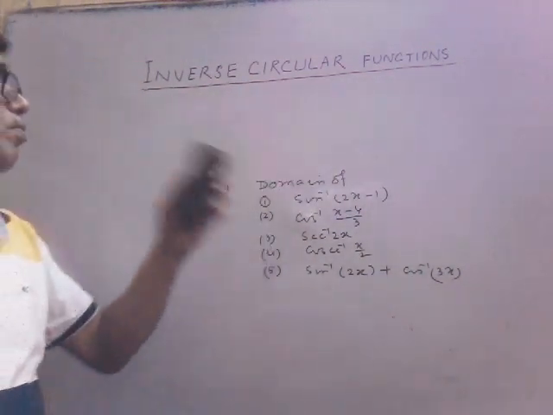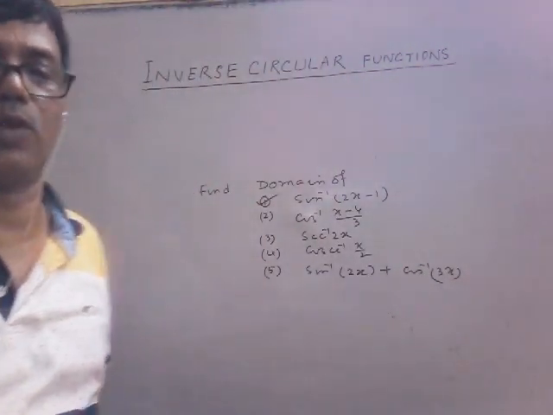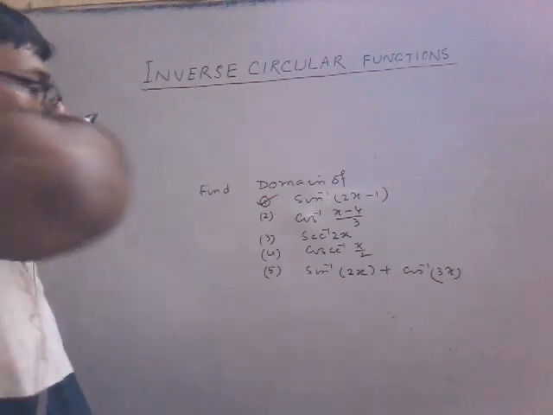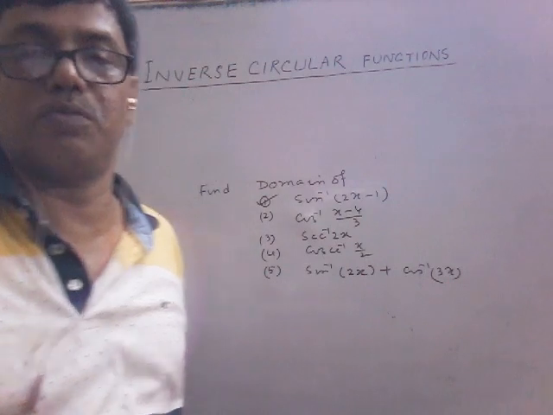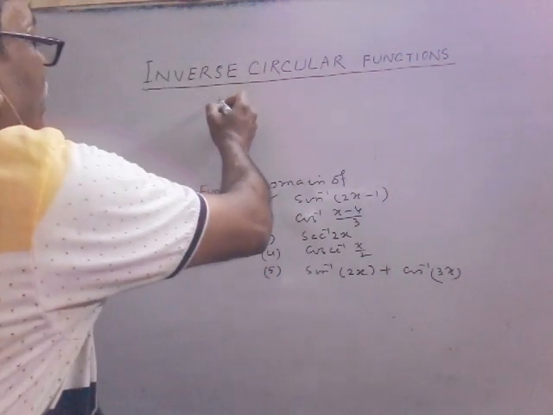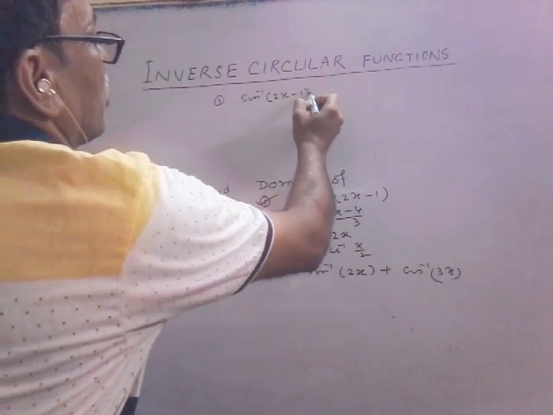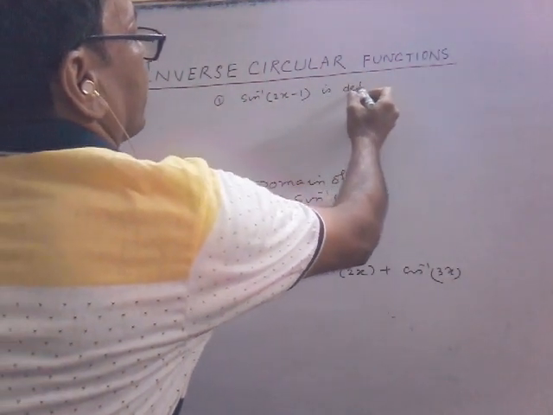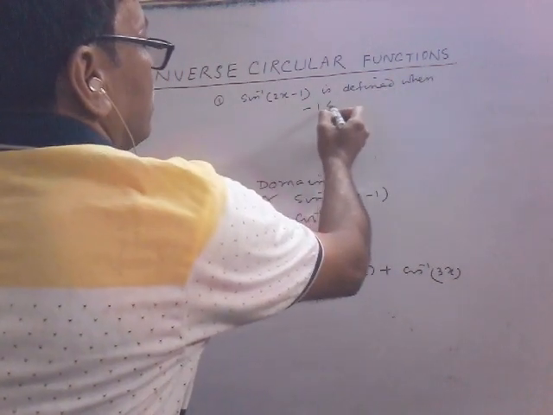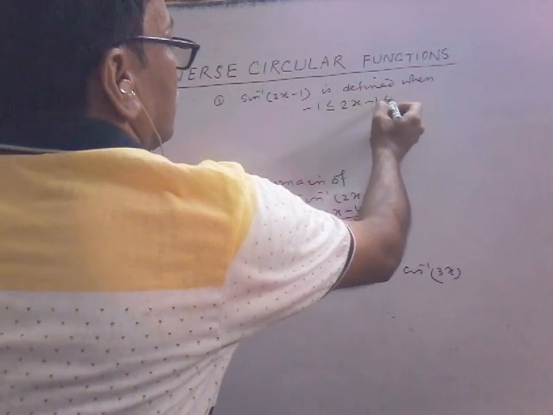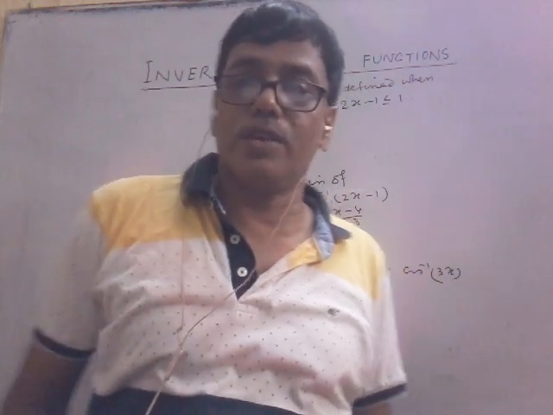So domain of sine inverse 2x minus 1. Look, domain of sine inverse x is minus 1 to plus 1. So sine inverse 2x minus 1 is defined when minus 1 less than or equal to 2x minus 1 less than or equal to 1. What is the working tool?